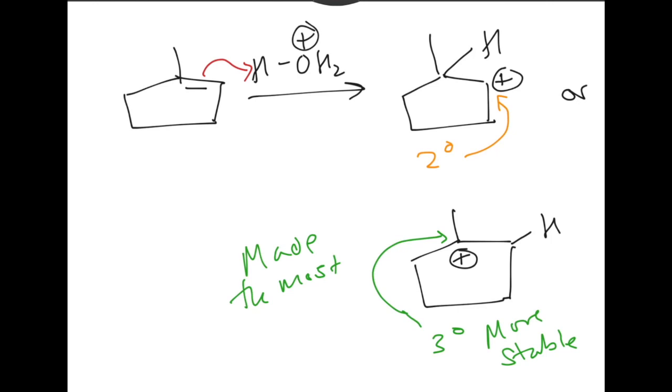Markovnikov's rule rolls all this up into one neat thing: put your hydrogen on the carbon that has the most hydrogens, put your other thing on the carbon that has the least hydrogens, and that always has you make the most stable carbocation.